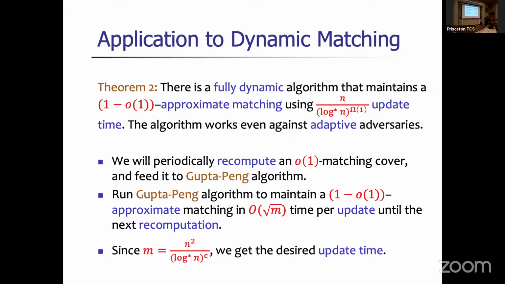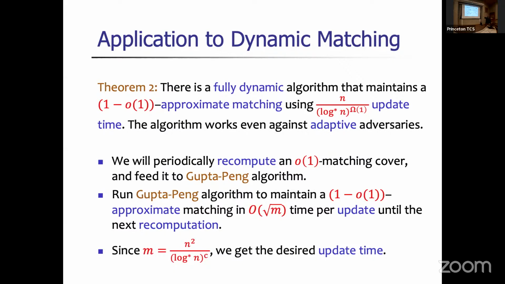Okay, so what about dynamic matchings? For the dynamic setting, the idea is to rely on the Gupta-Peng algorithm, which allows you to maintain a 1 minus epsilon approximate matching with about root m update time. What we want is to make m small enough so that root m gives us the update time that we want.